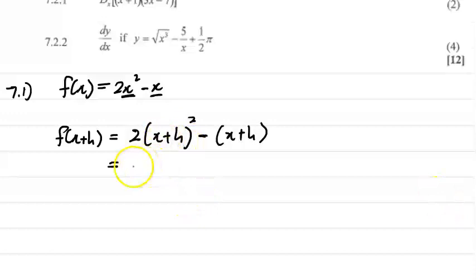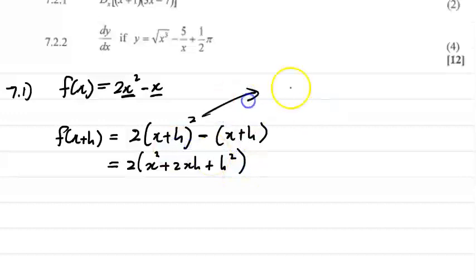So all I'm going to do now is simplify. 2 into, so let's open up these brackets. x squared plus 2xh plus h squared. So I'm squaring this binomial.